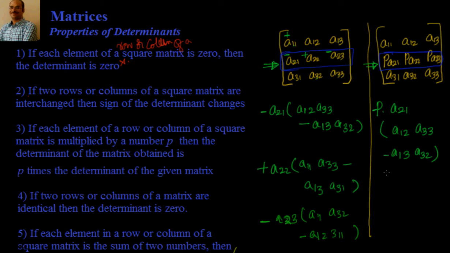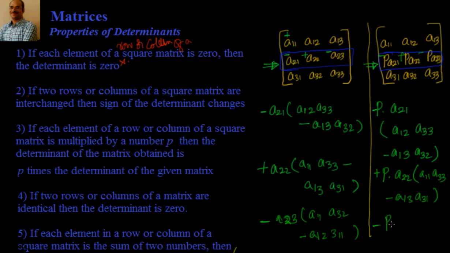Let's look at here. If I go to the next one, this is minus, so this is plus, so I'll have plus p into A22 into, so I'll remove that row and that column where the A22 element is present, A11 A33 minus A13 A31.